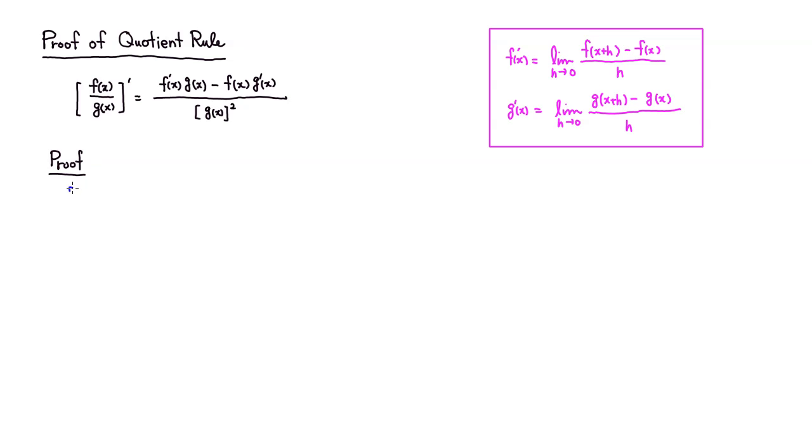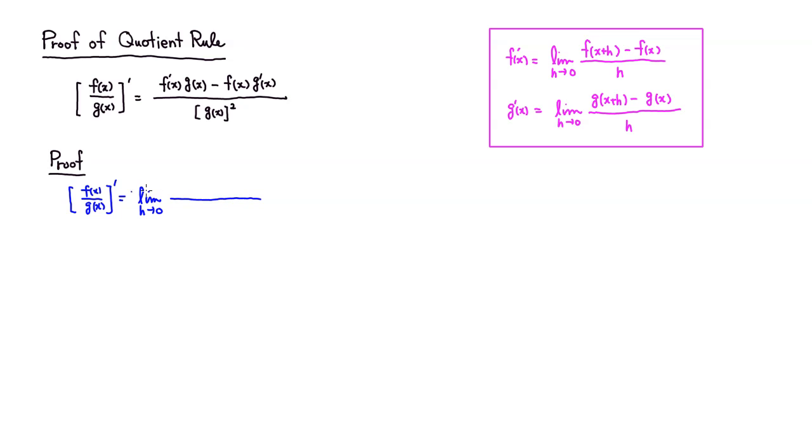Using the definition, if you have f of x over g of x and take the derivative of this quotient, the definition is the limit as h approaches 0.